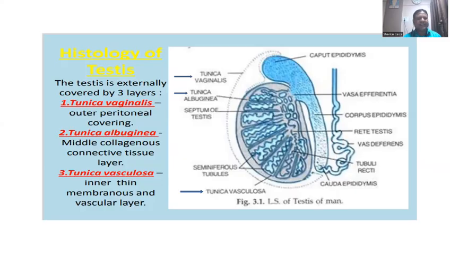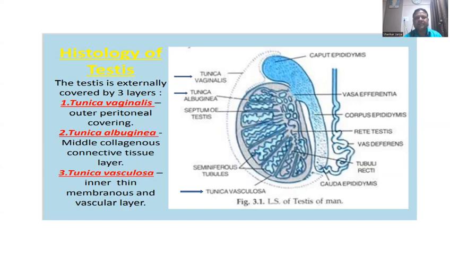And inside that, you will find a number of lobules. Testes divide into 200 to 300 lobules. And in each lobule, there are 1 to 4 seminiferous tubules. So these are the seminiferous tubules.